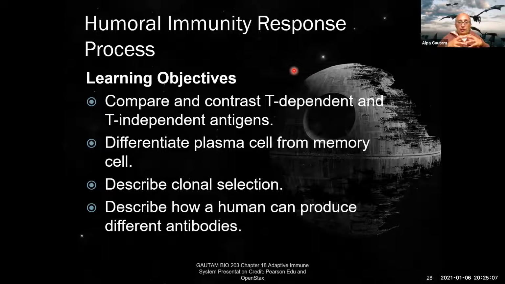When a B cell, which has its antibodies sticking out from it, interacts with a specific antigen, that B cell then presents a piece of that antigen on its cell surface.